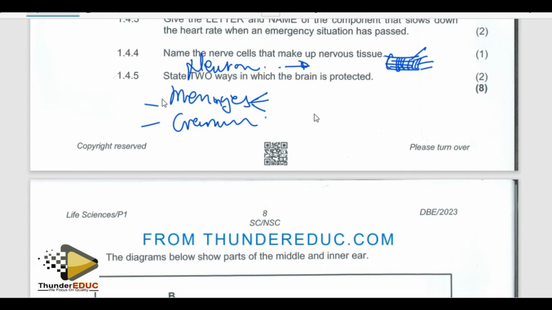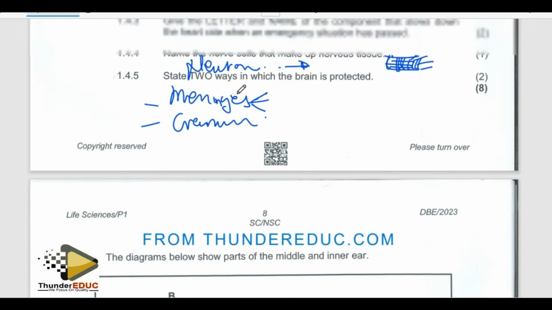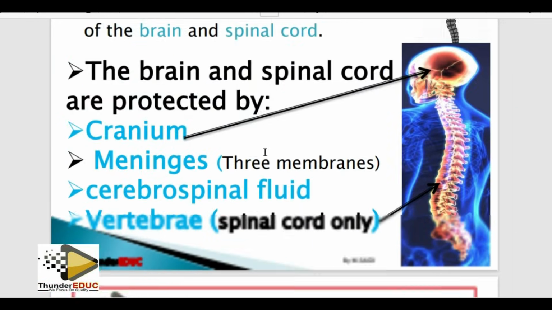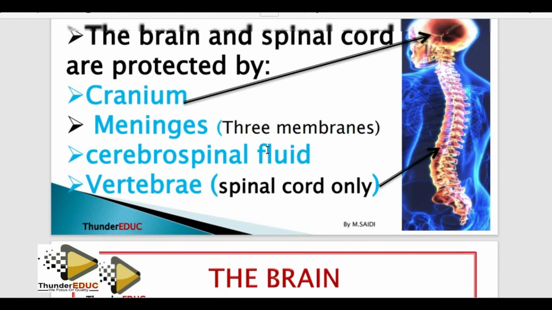We don't talk about them. Just know the meninges. Then you go to the cranium, and then the cerebrospinal fluid. Those are the 3 ways in which the brain is being protected. Even the distinction material says it here: cranium, meninges, cerebrospinal fluid. Simple.